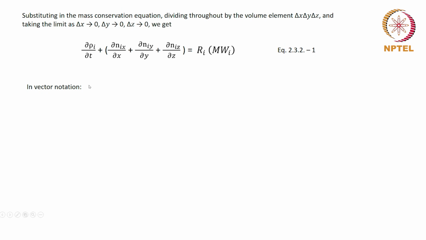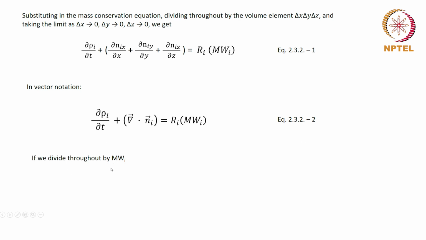Vectorially, vector notation helps us write things in a compact fashion. We can write this as ∂ρi/∂t plus, this is nothing but, you could recall, del dot ni. Okay, you could write down the individual terms, take the dot product and see that it is actually reducing down to this, equals Ri times Wi, molecular mass of i. Equation 2.3.2-2.